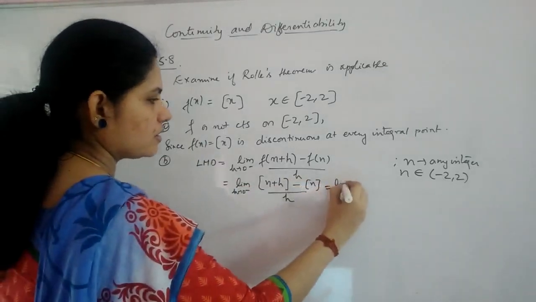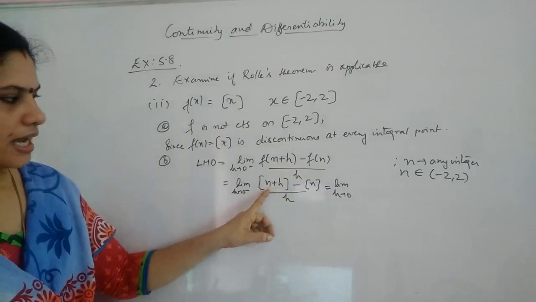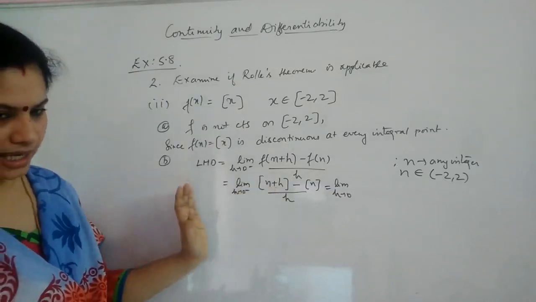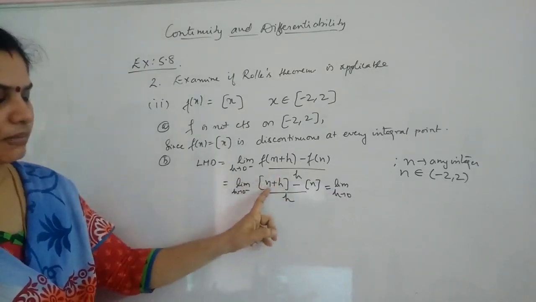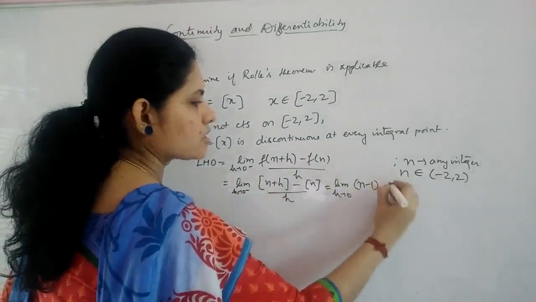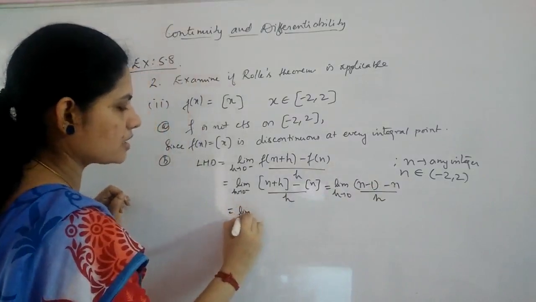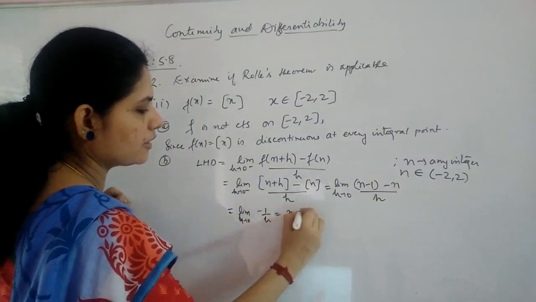You have to consider this n plus h as n minus a small quantity, so that it is no more n, it is a number less than n. So the greatest integer of that number will give you n minus 1, minus greatest integer of n, which is n itself, divided by h. So you are getting limit h tends to 0 of minus 1 by h, which is not defined.